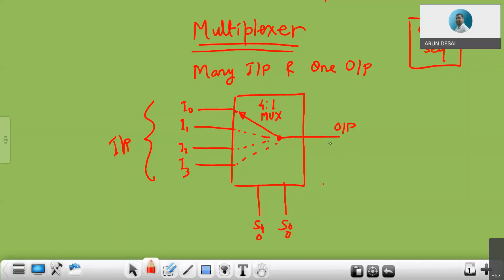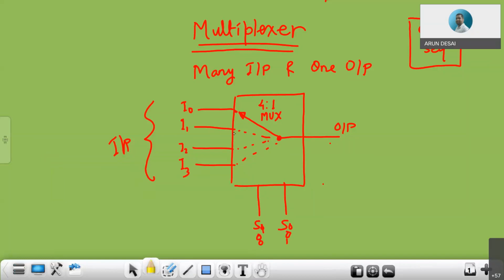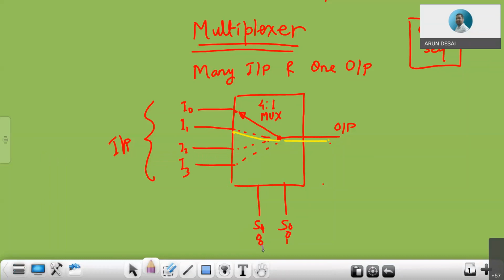If my select lines are 0, 1, then whatever is on the first line, I1, is passed to the output line. If my select lines are 1, 0, then whatever is at the I2 line is passed to the output.